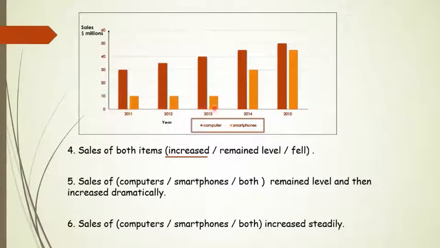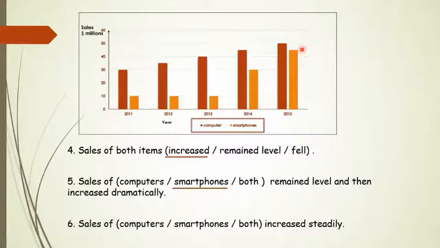So it remained level. And what happened? A quick rise. So increased dramatically. So sales of smartphones remained level and then increased dramatically.